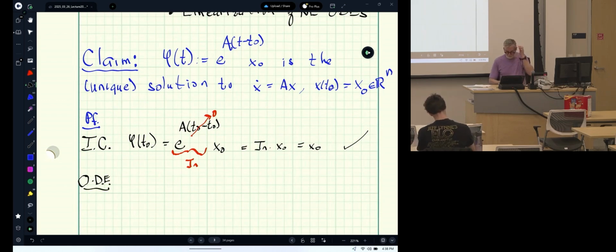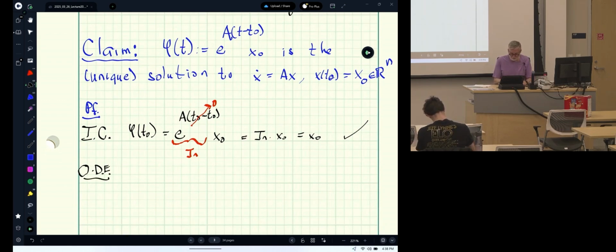How about the differential equation? Well, we need to calculate phi dot of t. That's d by dt of e to the A(t minus t0) times x0.